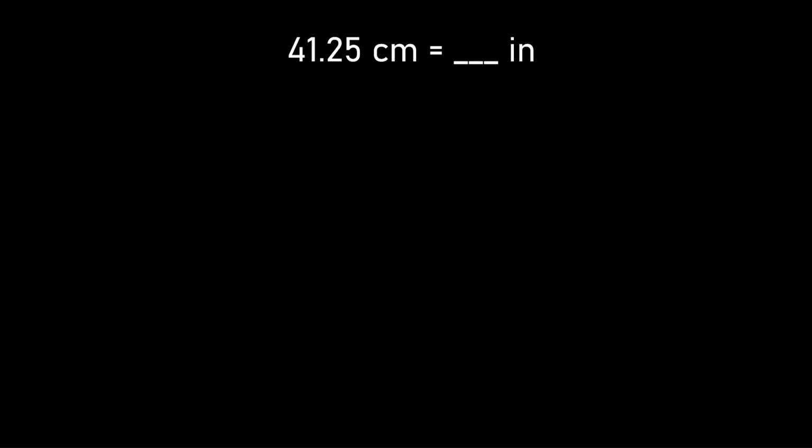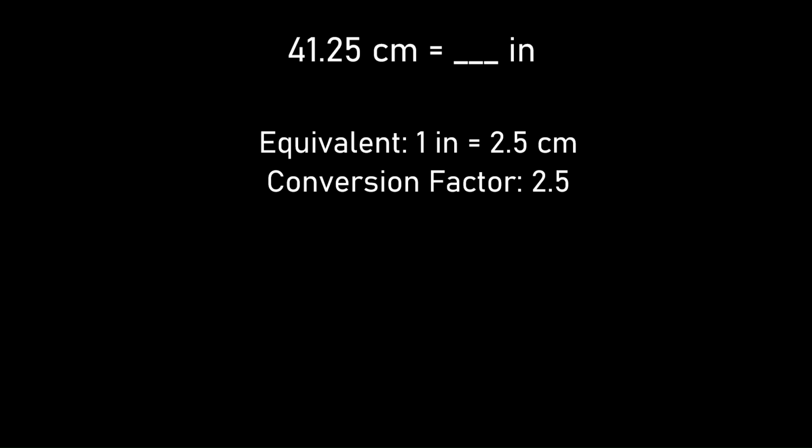Let's check our math using conversion factors again, using that same equivalent. First, we find our conversion factor. Our equivalent says that 1 inch is equal to 2.5 centimeters, so our conversion factor will be 2 and 5 tenths. Now let's determine the relative size of the units. Since the number 1 is associated with inches, that means that inches must be the larger unit, and centimeters are smaller.